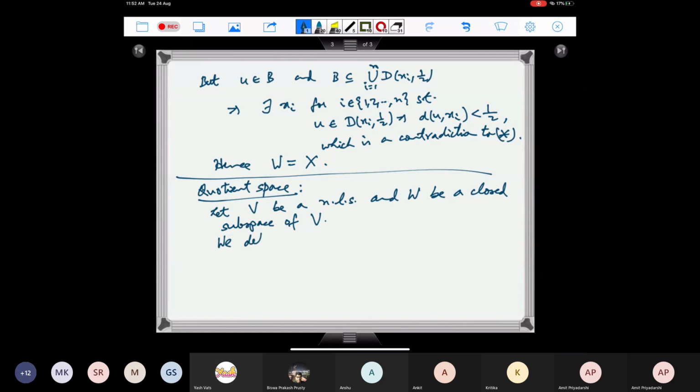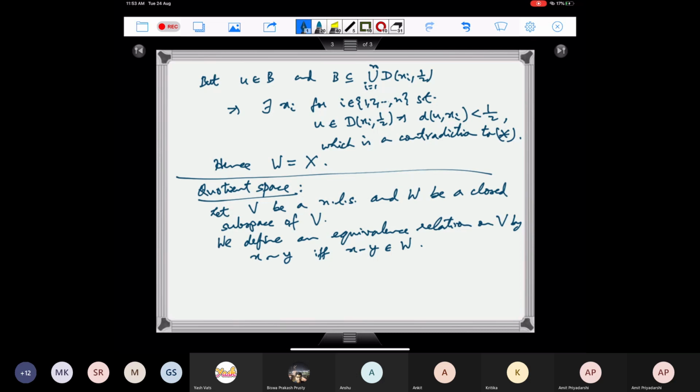We define an equivalence relation on V by x is related to y if x minus y belongs to W. This is the standard thing for any vector space.